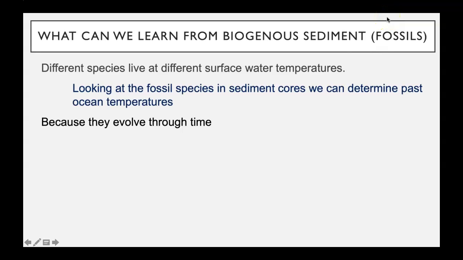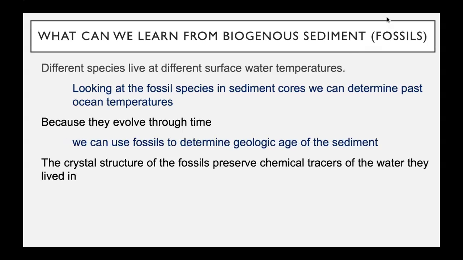So I mentioned this earlier, is that they evolve over time. They're not just a stagnant species. So as they're changing over time, we can look at that fossil record and cores of sediments of the seafloor and see the evolution of the organisms. Their hard parts, these tests, are made out of ions that are extracted from seawater.